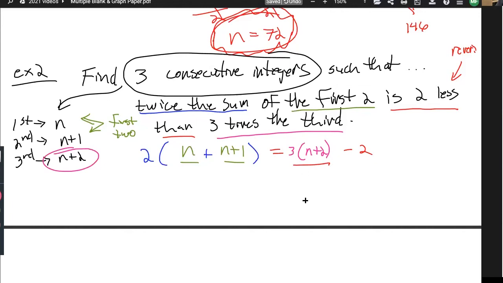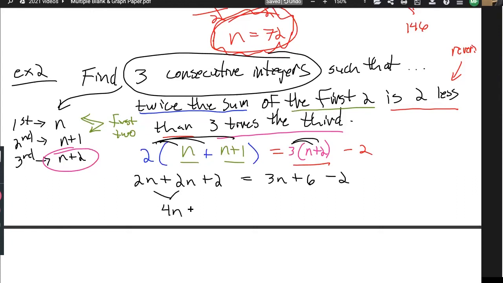All right, now this is a little bit more complicated, but we know how to follow the steps of equations. So we're going to simplify and solve. First we get rid of parentheses, so you can distribute right now. That's 2n plus 2n plus 2 equals 3n plus 6 minus 2. You could have combined these first if you wanted to, but this works the same way. All I did was distribute and get rid of parentheses. Next part of simplifying both sides is to combine like terms on both sides.